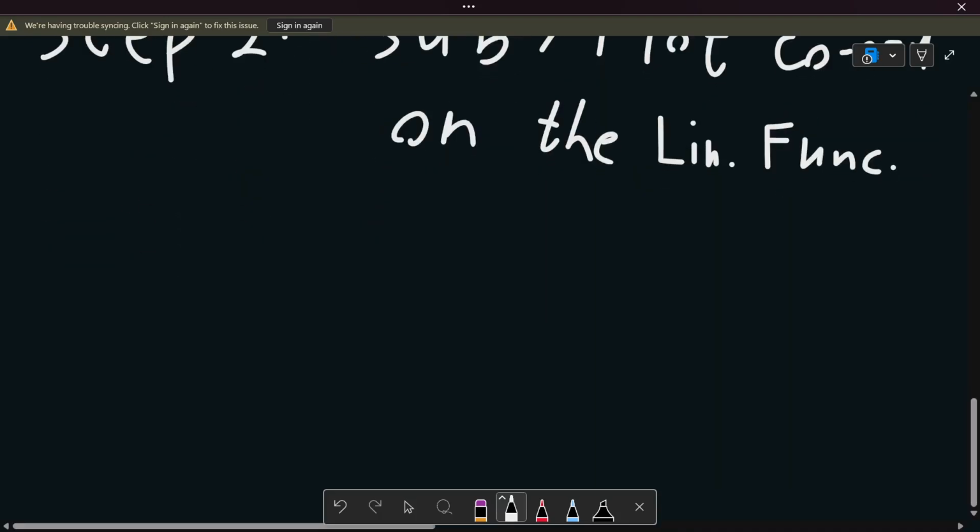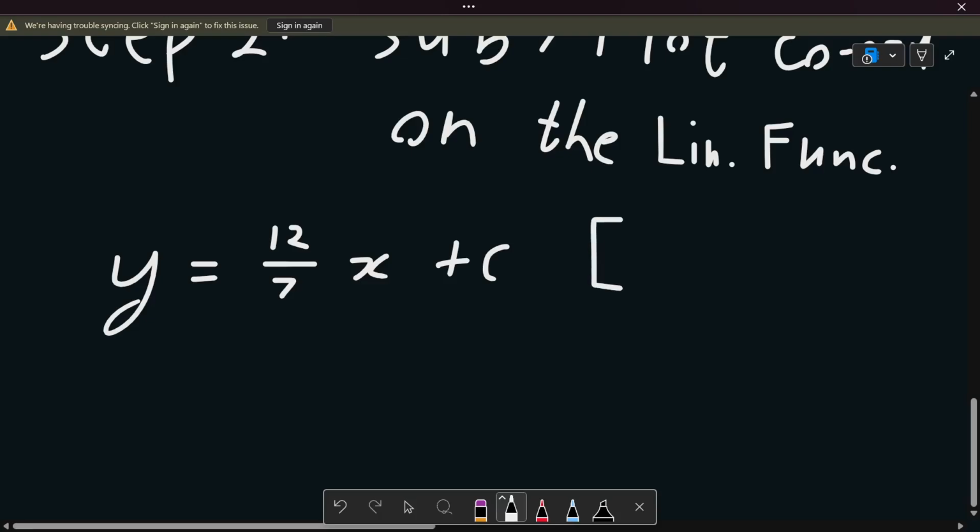So this is what it's going to look like, right? So we had y is equal to, this is how you will state it, by the way. Remember, you need to show what you've done. So y is equal to 12 over 7x plus c, and then in brackets next to it, I would recommend saying sub, this is our magic word, sub, and then the coordinate that you're going to be substituting in. So it's going to be 6 and 7. Then you can close the brackets.